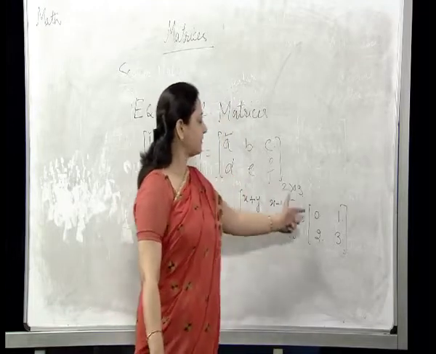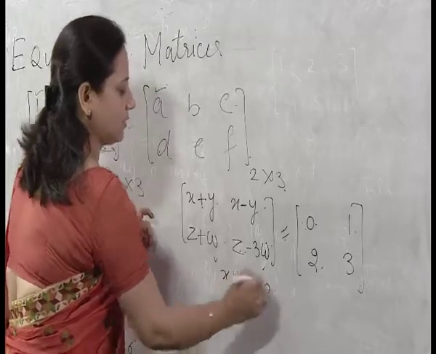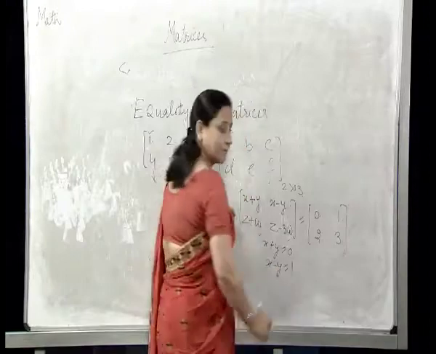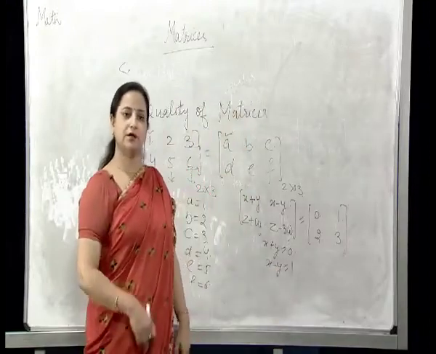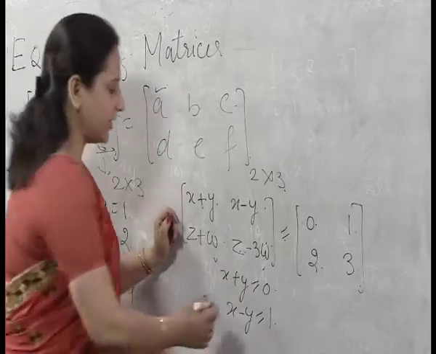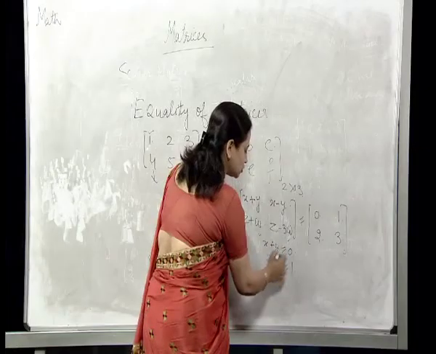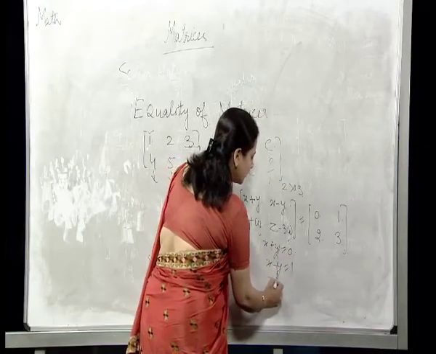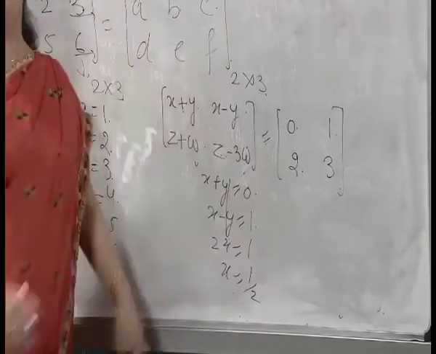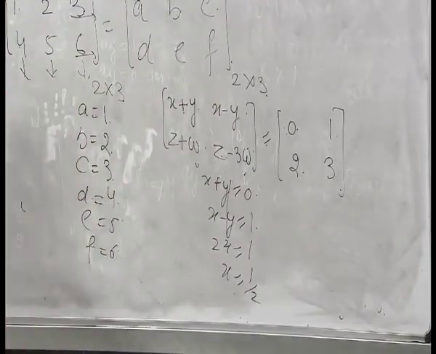So x plus y will be equal to 0 and x minus y equals 1. So you can solve it by adding the 2. You will get 2x equal to 1 and x is equal to 1 by 2. Similarly, you can find the values of y, z, w, etc.